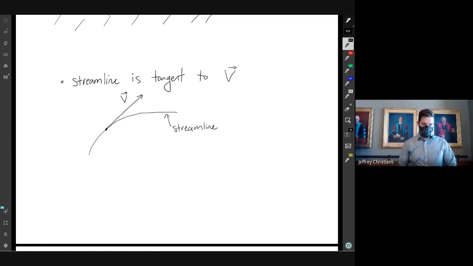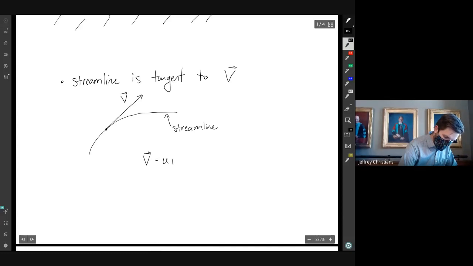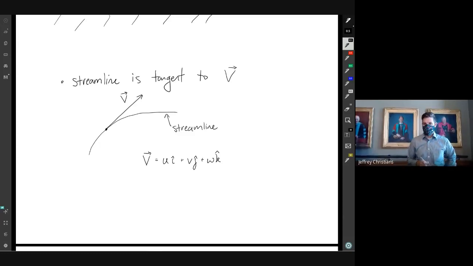We can write our velocity vector V equals, this is our notation, u i hat plus v j hat plus w k hat. So that's our vector notation for the velocity.